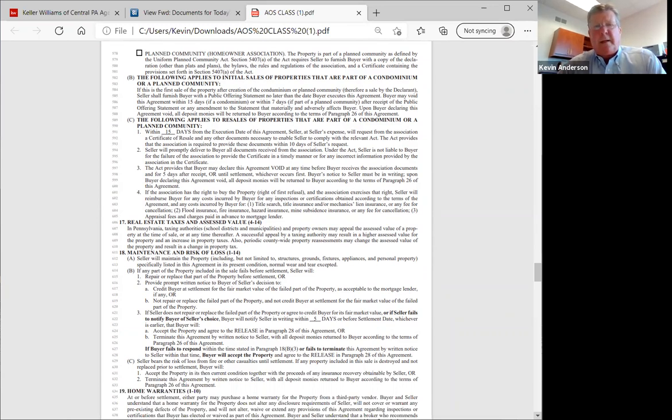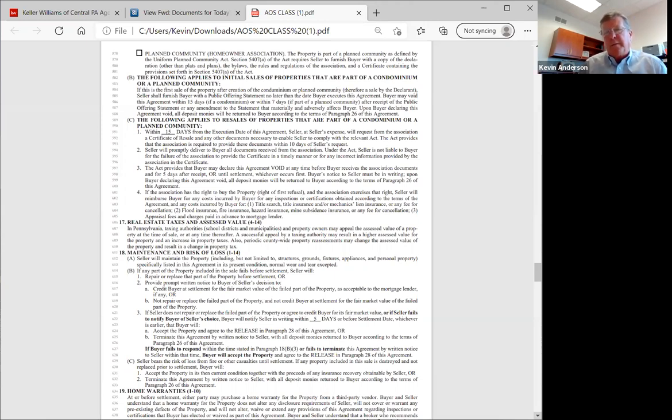Again, got to read this stuff, but if this is the first sale of the property after creation of the condo or planned community, therefore a sale by the declarant, meaning developer, seller shall furnish the buyer with the public offering statement no later than the date the buyer executes this agreement.